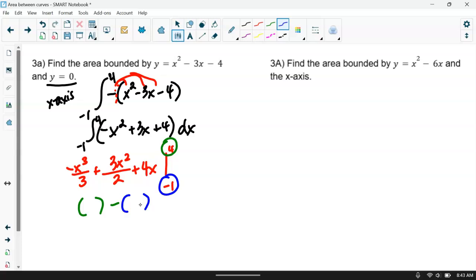You should get the area of 125 over 6. So pause the video, try this one. So again, identify, does this function represent the f of x or g of x? What are the boundaries? And what is the area bounded by our two functions?